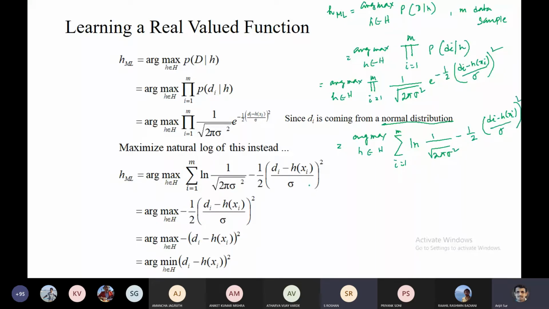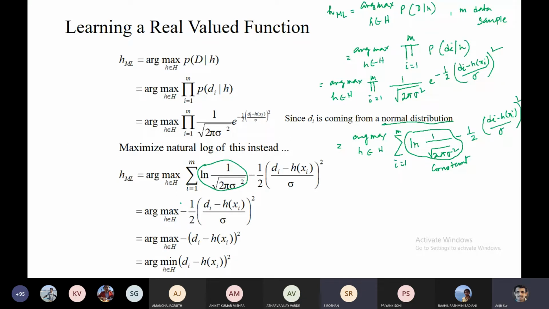Now there is one mistake here. Actually, in this particular term you see there is no h, so it is a constant, and it is not doing anything to the maximization. So there is a mistake there. That should be argmax, and it is a minus half.